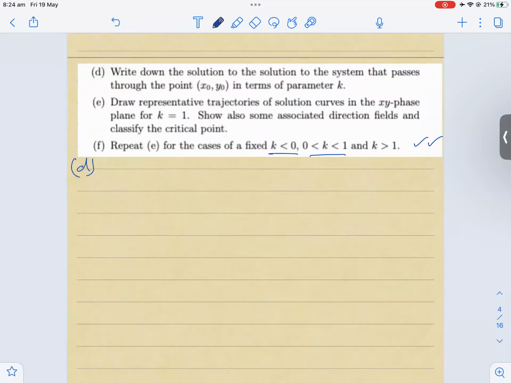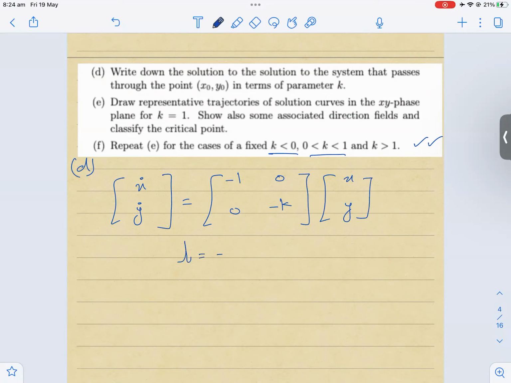Part D. We saw that (x prime, y prime) equals [-1, 0; 0, -k] times (x, y). So the eigenvalues are lambda equals minus 1 and lambda equals minus k.